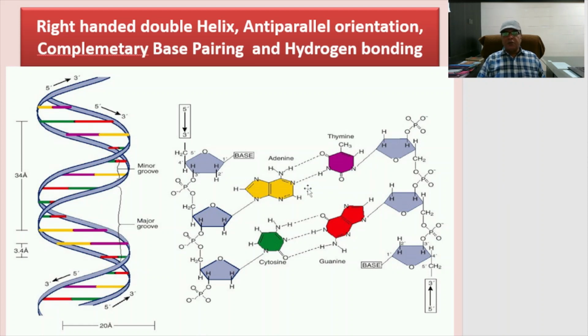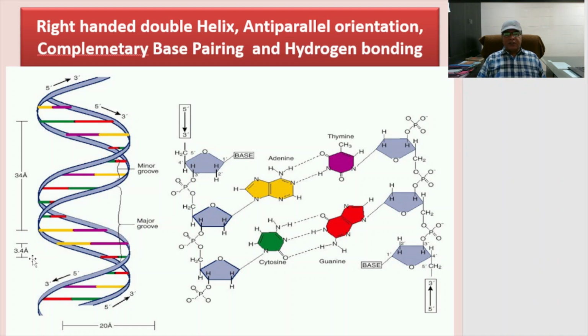Moreover, it contains almost 10 nucleotides per turn, and the distance per turn is almost 34 angstroms. Between two nucleotides the distance is almost 3.4 angstroms.